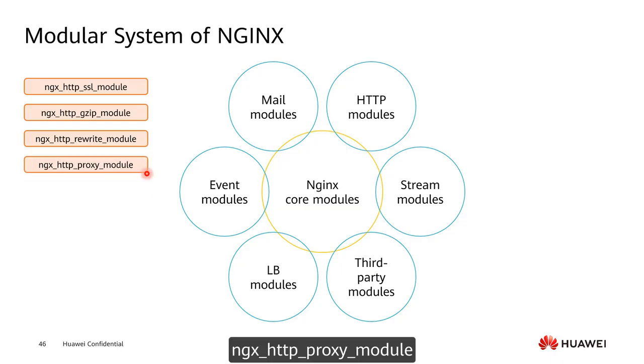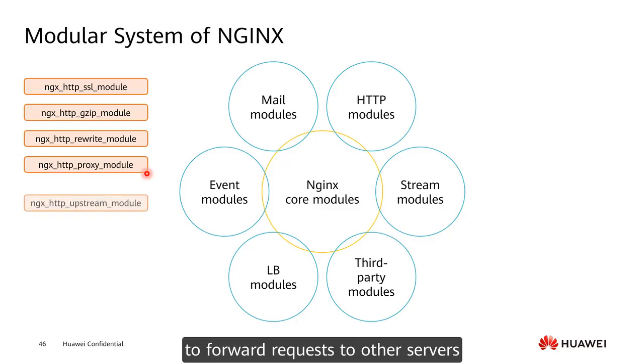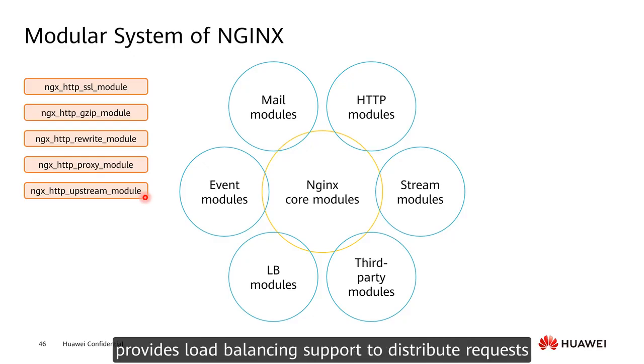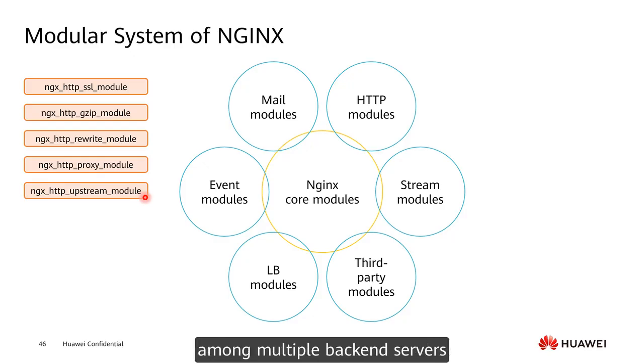The HTTP proxy module provides the HTTP proxy function to forward requests to other servers. The HTTP upstream module provides load balancing support to distribute requests among multiple backend servers.